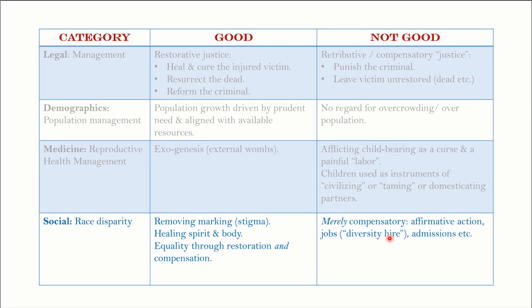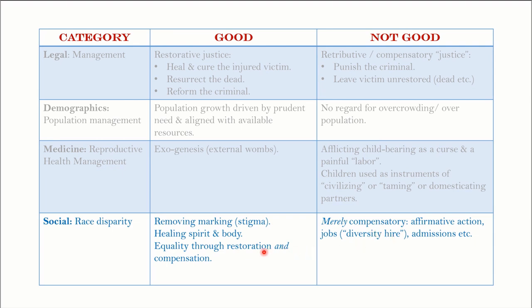These are all commendable and supported. I personally, and every conscientious human being, every good person must support compensatory rewards for people who have been traditionally oppressed, like affirmative action and diversity hiring.